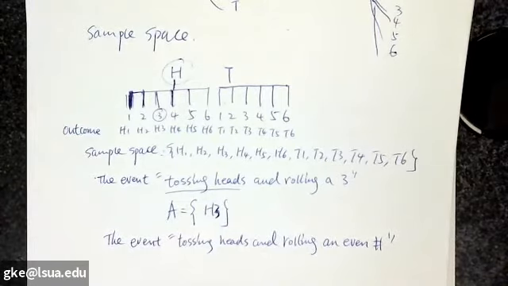Do you get it or not? Tossing heads, rolling an even number. An even number is 2, 4, 6, right? Think about it.